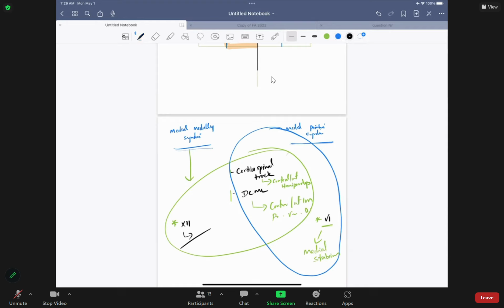Medial medullary syndrome is caused by blockage of the anterior spinal artery, ASA. Anterior spinal artery. And the medial pontine syndrome is caused by blockage of the branches of the basilar artery. Basilar artery.